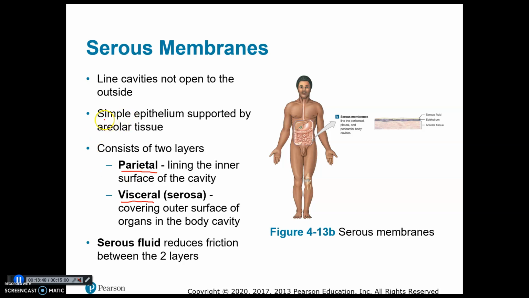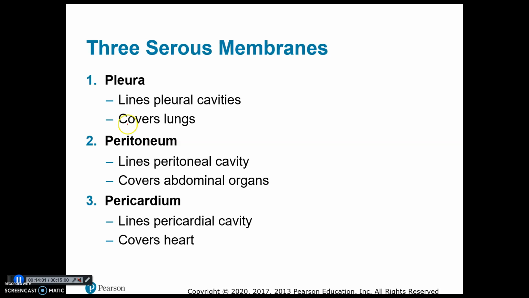The tissue is simple epithelium, simple squamous epithelium, and underneath that is areolar connective tissue for the serous membranes. And there are 3 serous membranes: the pleura, which lines pleural cavities, the parietal pleura lines the pleural cavities, and then the covering of the lungs is the visceral pleura.